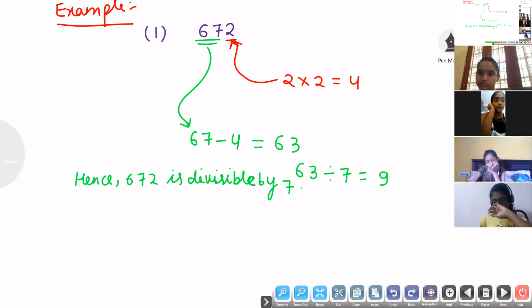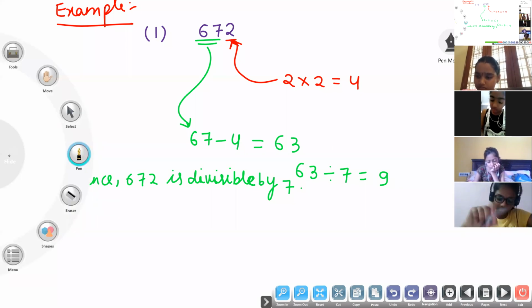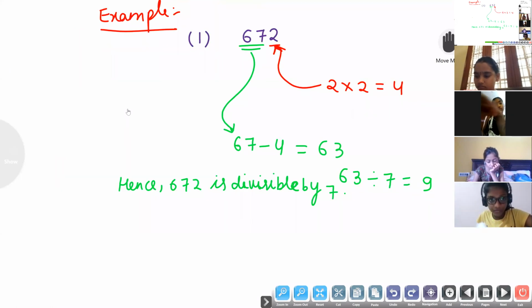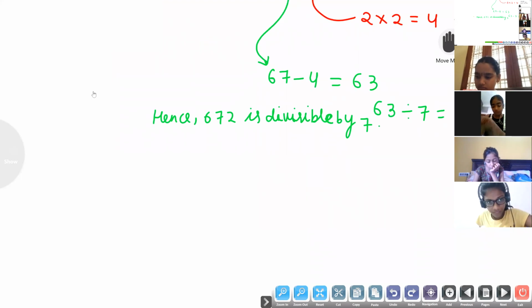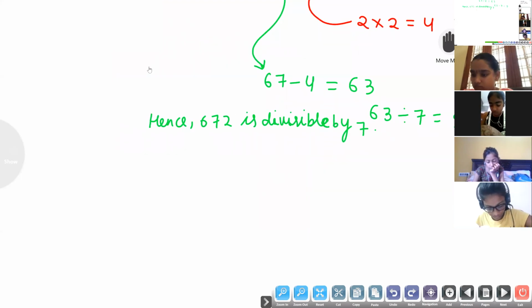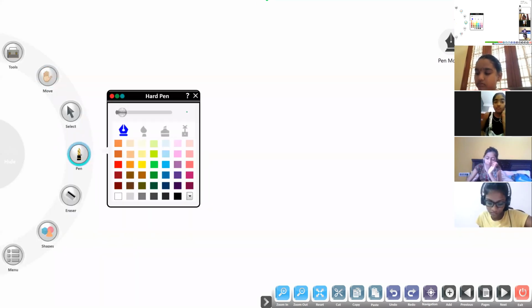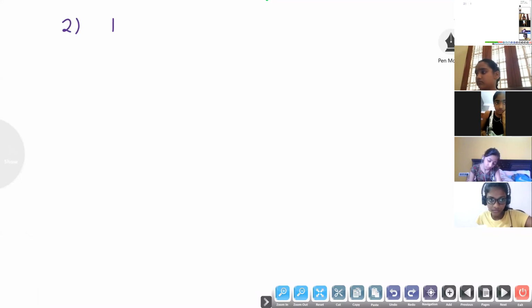Next, example 2. Second example, 1505. Now I want to check if this number is divisible by 7 or not.